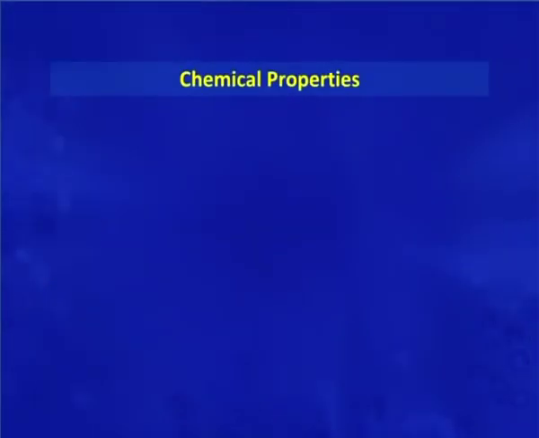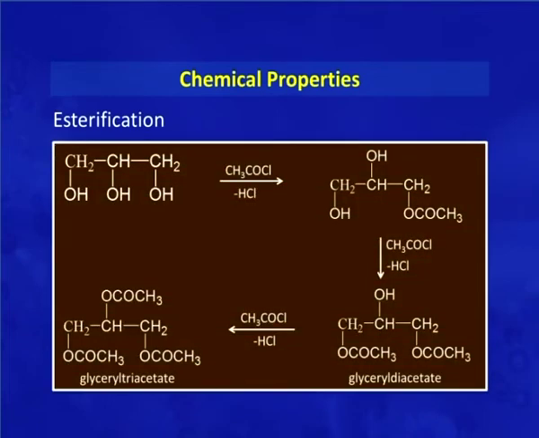Here we are discussing the esterification reaction shown by glycerol. It has been found that glycerol, when treated with acetyl chloride or with acetic anhydride in presence of hydrogen chloride gas, all the three hydroxy groups get esterified. It forms glyceryl monoacetate, glyceryl diacetate and glyceryl triacetate.